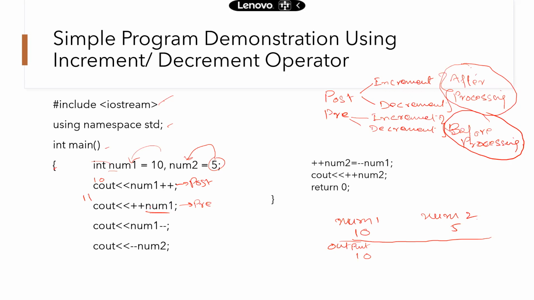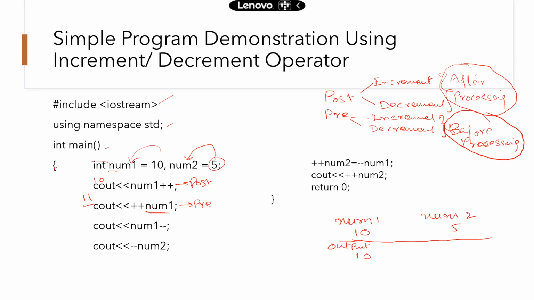This num1 contains actually 11. Okay, right? So before printing, because in the last statement, after printing, it had incremented from 10 to 11, now this num1 is going to increment before the printing, before it has been processed.